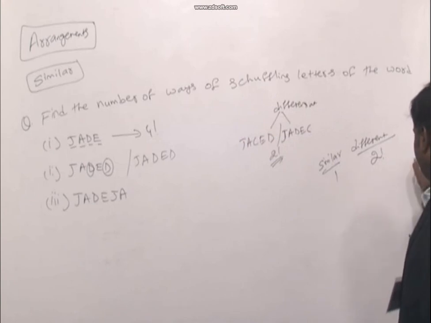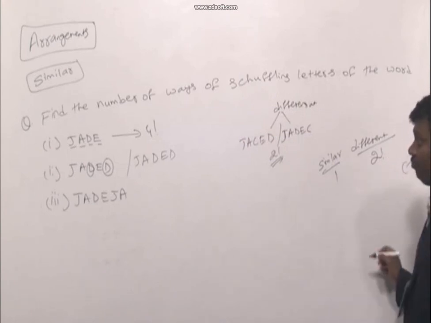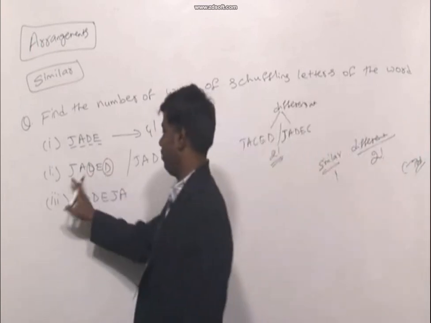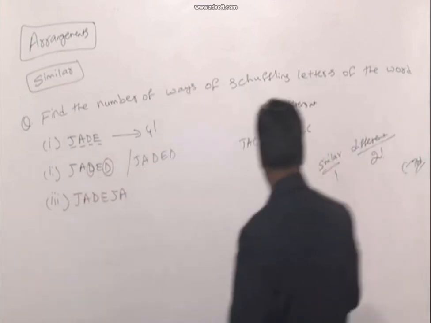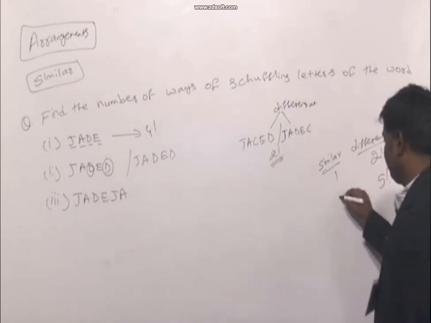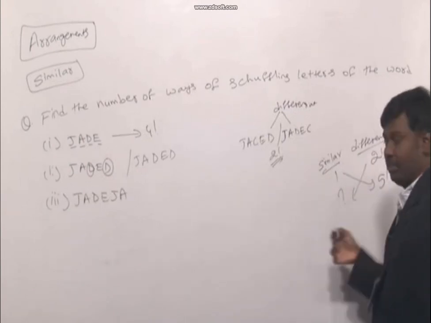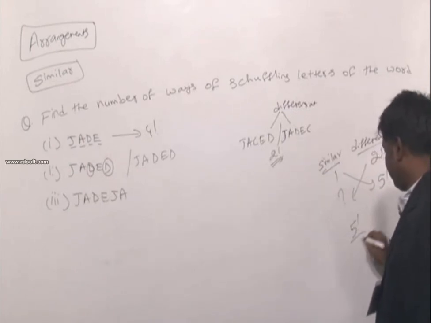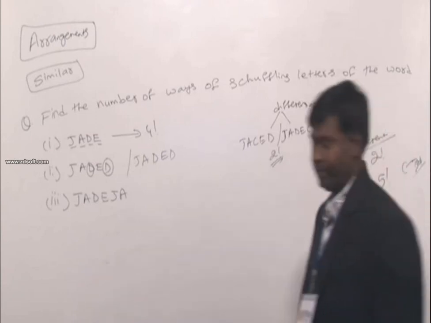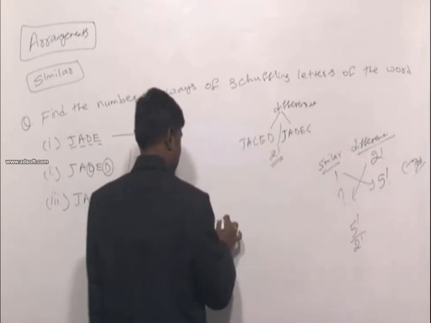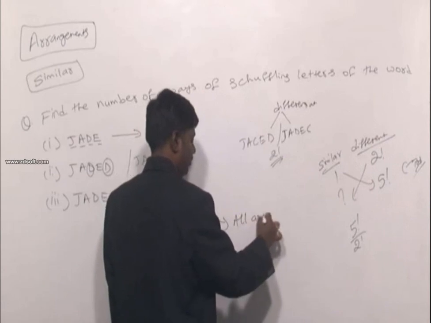If they are different, the total number of possibilities, assuming these are all different, is 5 factorial ways. Then if these two D's are similar, what is the total number of possibilities? It is 2 factorial. So what are we doing? In the numerator, we are assuming that all are different.